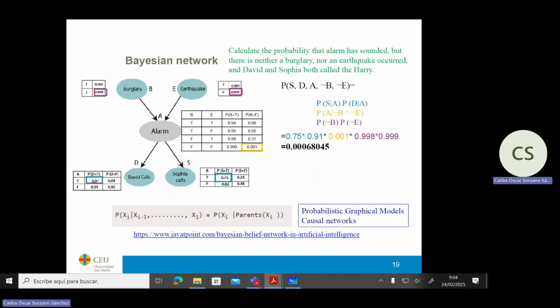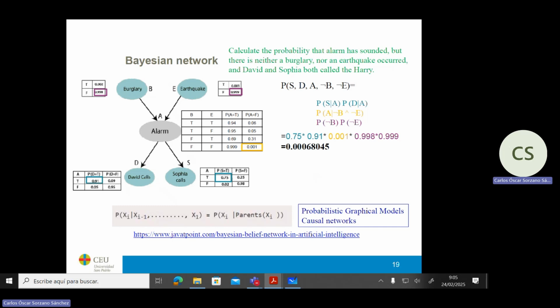Okay, then an interesting set of networks is these Bayesian networks. Bayesian networks is not only that the elements are related, but also that we can compute probabilities associated to these relationships. For instance, this is a very classical example in which you have a house and you are not at home, and then the alarm of the house sounds, and it can sound for two reasons.